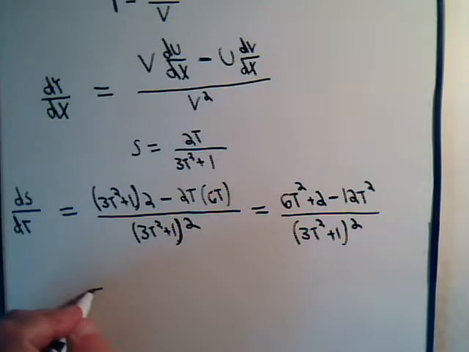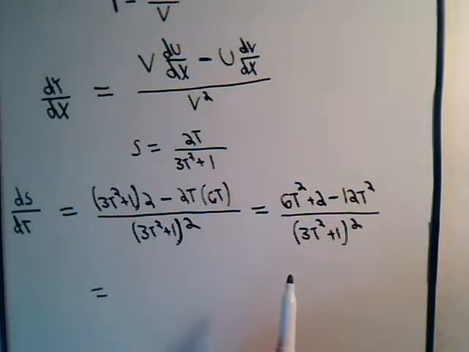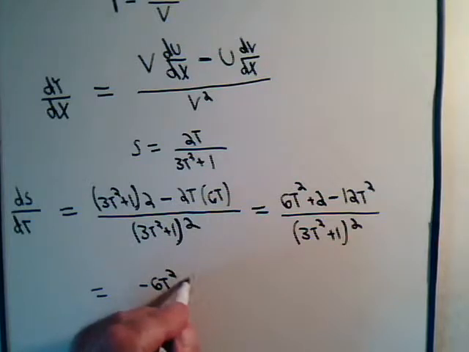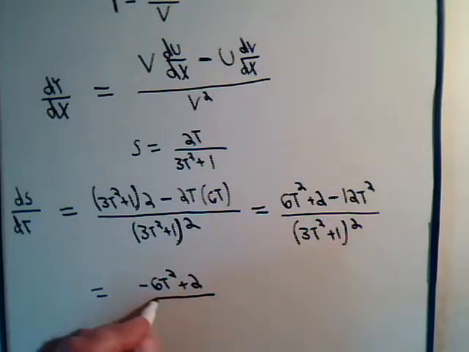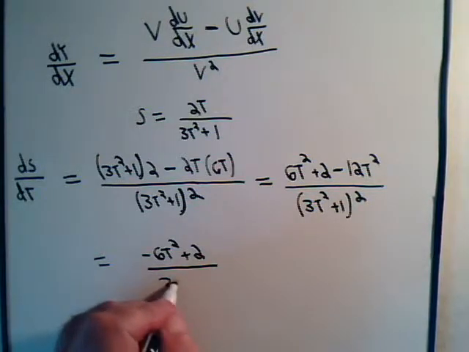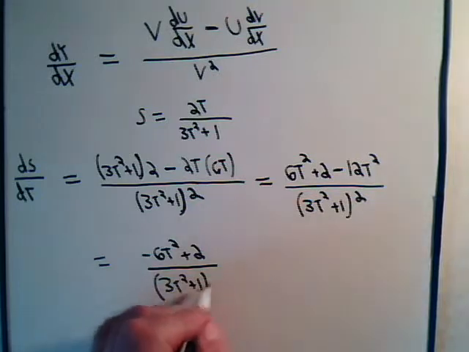Or let's see, this would be equal to, looks like minus 6t squared plus 2 divided by 3 times t squared plus 1, the whole quantity, squared.